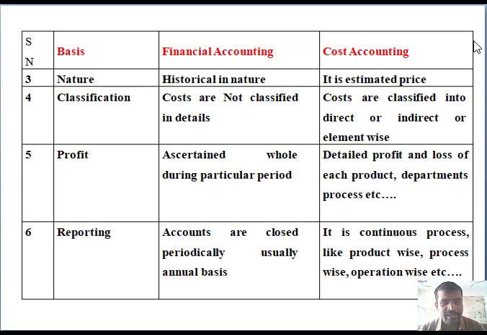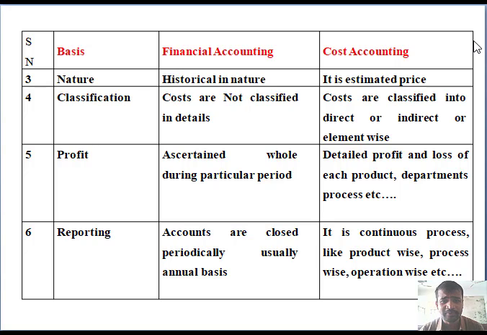Next, number three, nature. Financial accounting is historical in nature, while cost accounting uses estimated figures. Number four is classification. In financial accounting, the costs are not classified in detail. But in case of cost accounting, the cost can be classified into different types such as direct, indirect, or on the basis of element wise.